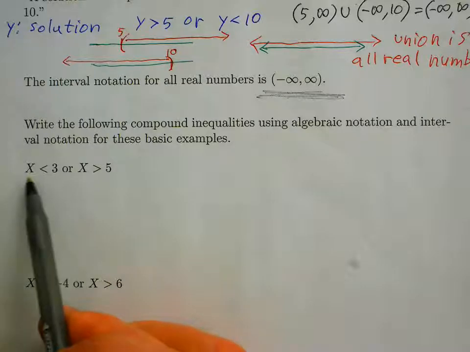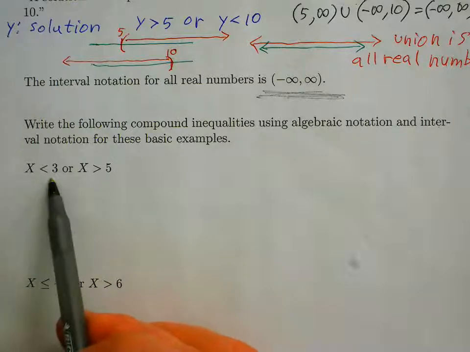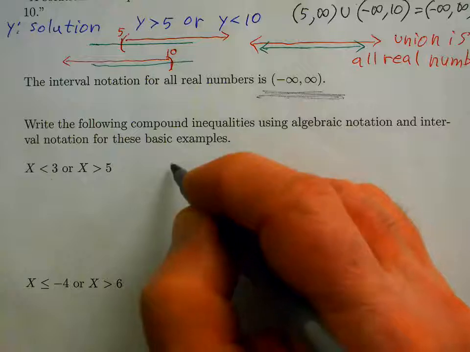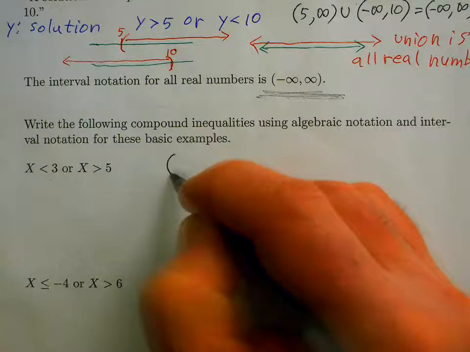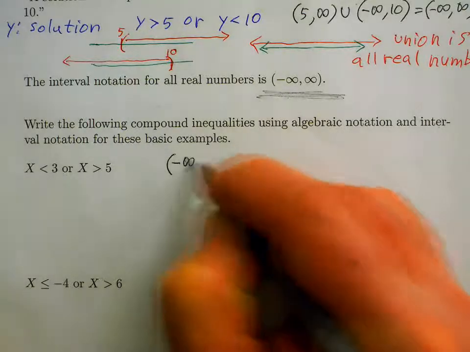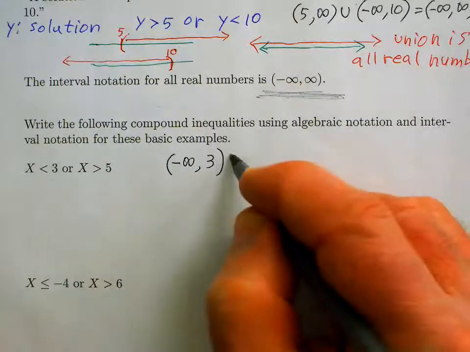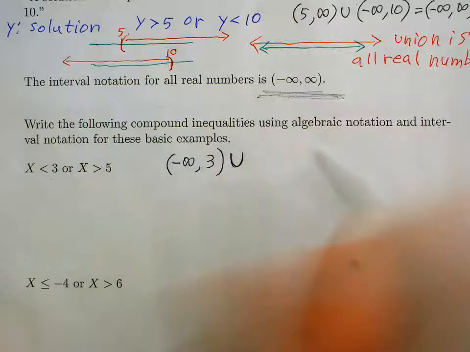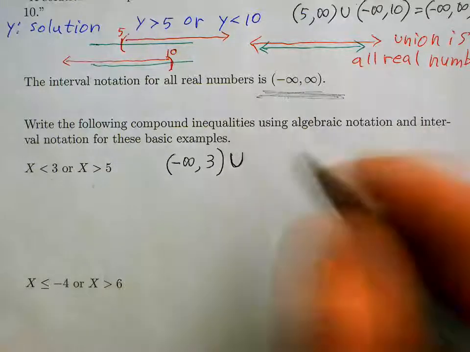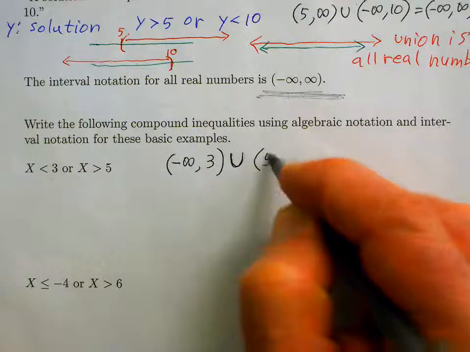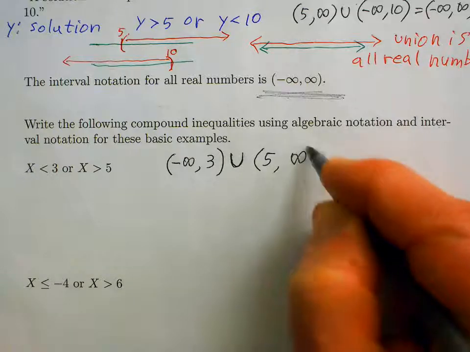So the interval notation, if x is less than 3, we write parenthesis negative infinity, comma 3. Since we're using the word or, that implies union. And then x greater than 5 is parenthesis 5, comma infinity.